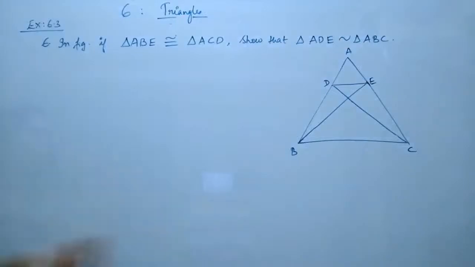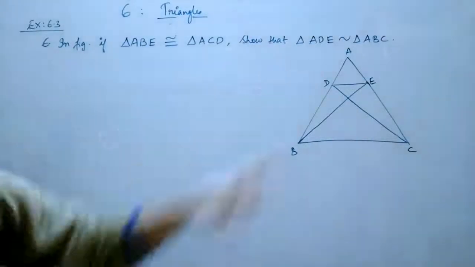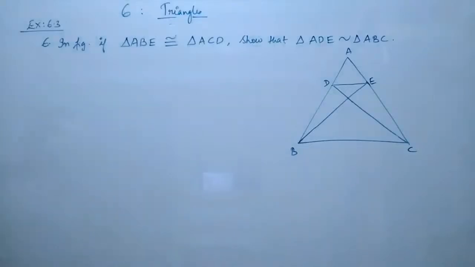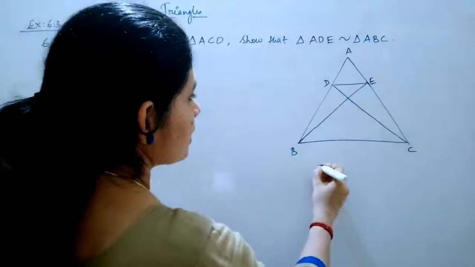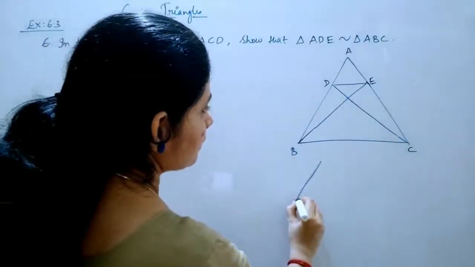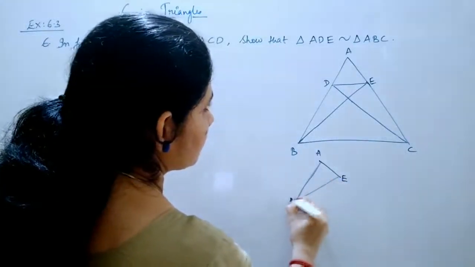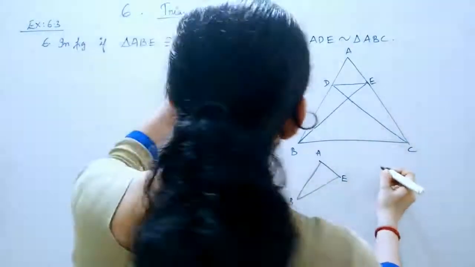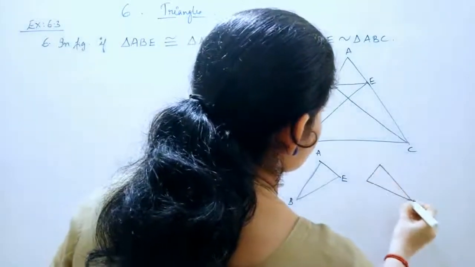Okay, so congruency of certain triangles is given and you have to prove the similarity of certain other triangles. So from the congruency, the triangles are ABE and ACD.